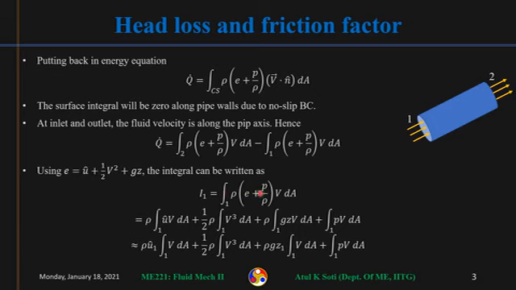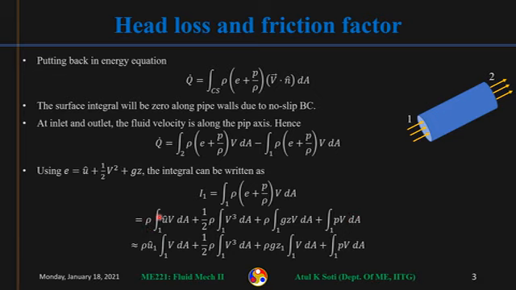Then this integral becomes rho times U hat into VdA, and then half V cube dA, then rho Gz into VdA, and the last one, P into VdA.